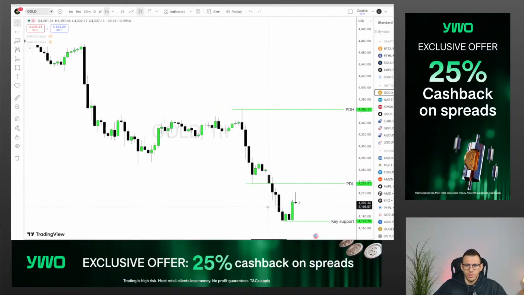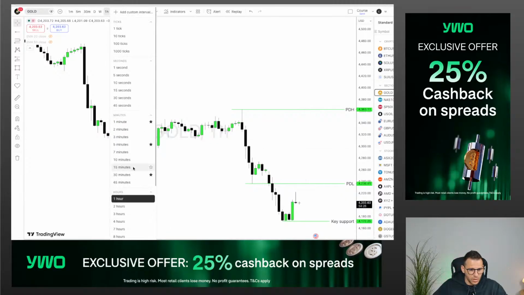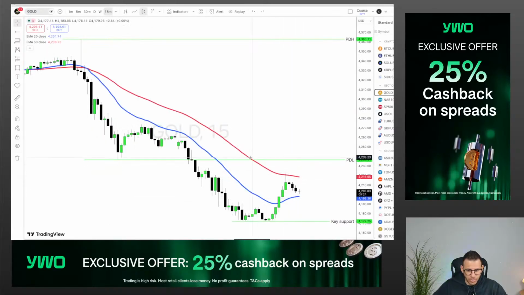What do I see on the hourly? This pin bar, this shooting star rejecting all these areas here, can push the price further down. So on the 15-minute, we rejected the 50 period moving average.